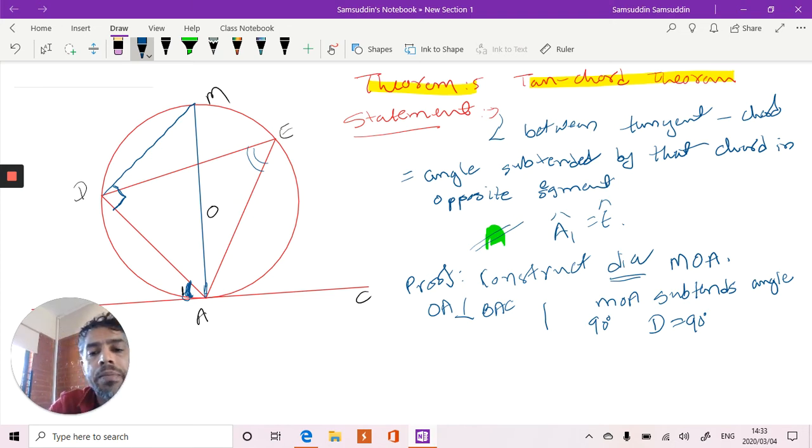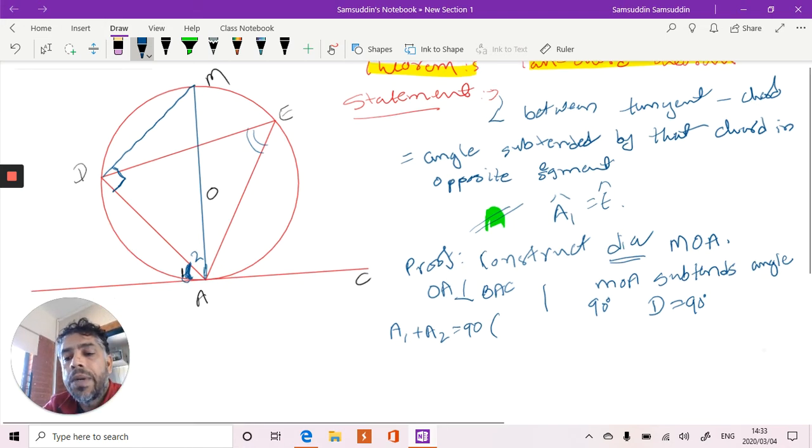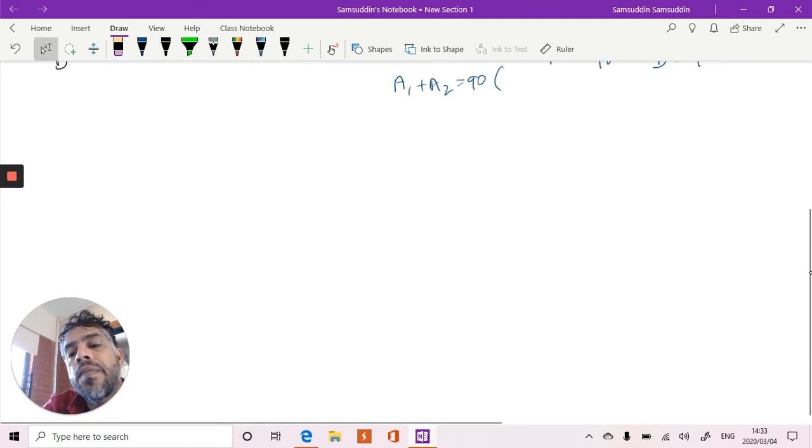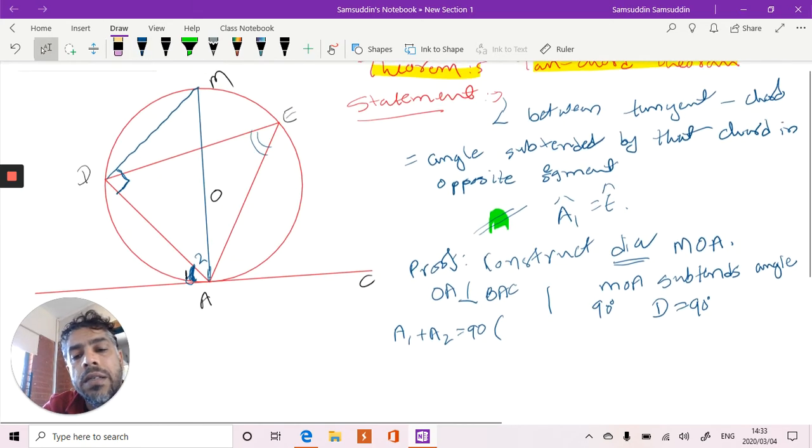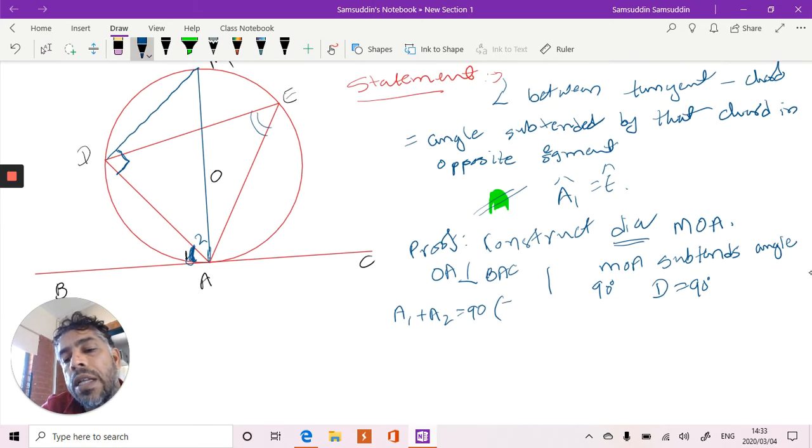Going back to the radius perpendicular to the tangent, I know that angle A1 plus angle A2 is 90 degrees. The reason: radius perpendicular to tangent.